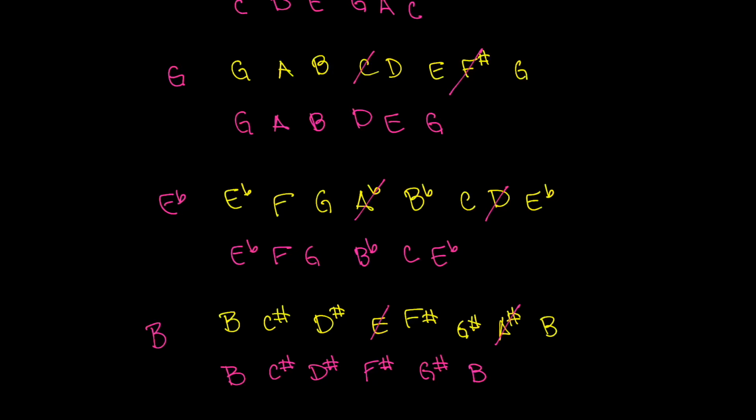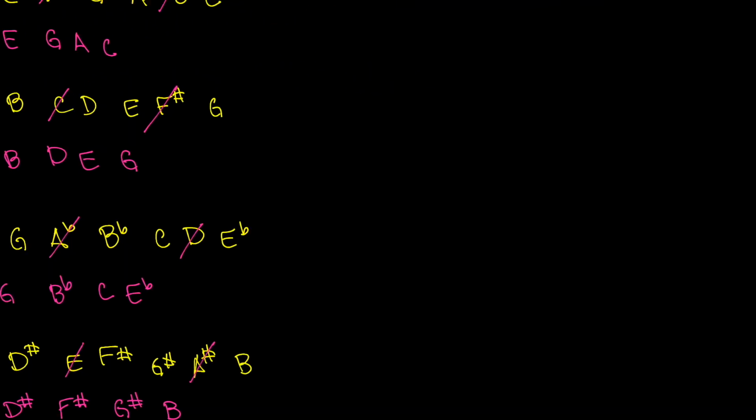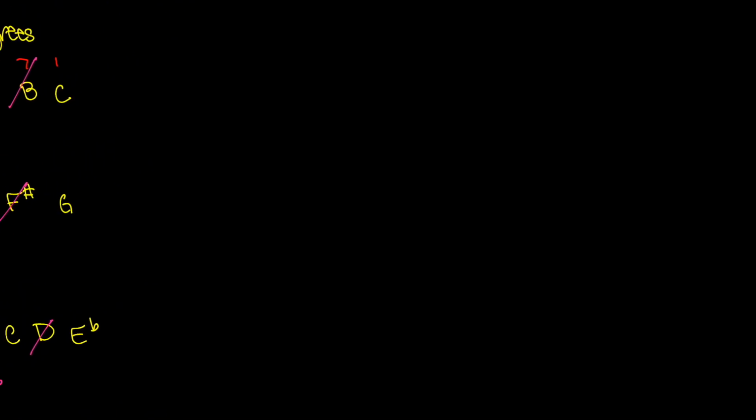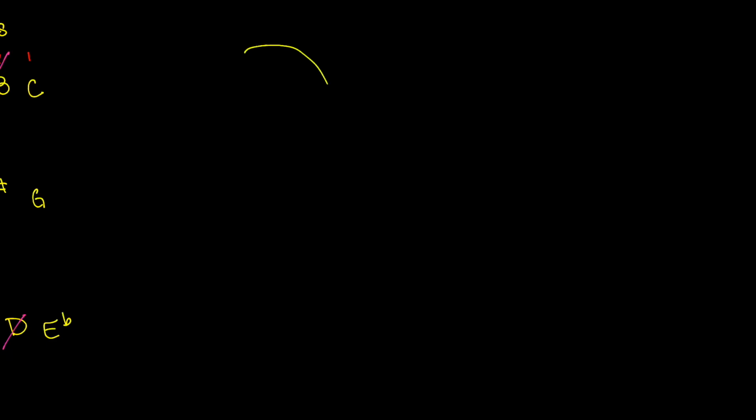Now there is another method that we can use to come up with the pentatonic scale, and that's taking a look at our circle of fifths. So let's just draw a circle of fifths here. I'm going to divide this into 2 sides, and we're not going to be dealing with this side over here.